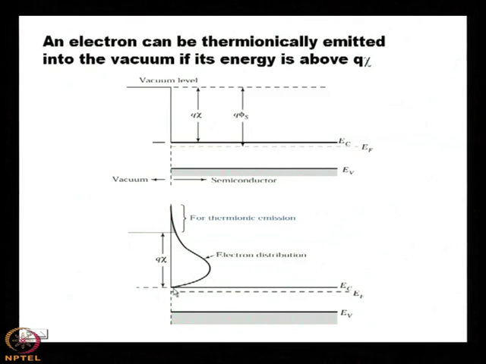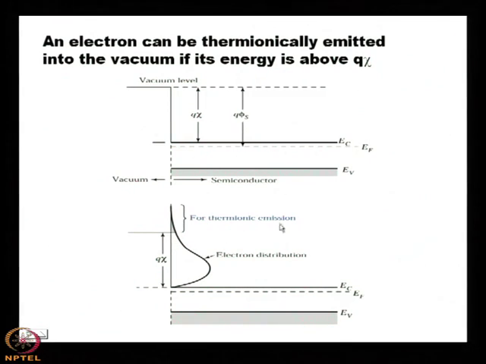You will find that the distribution is Gaussian having a tail in the higher energy side. Now this is the tail, you find that there are some electrons which are above chi. Those are due to the thermionic emission.